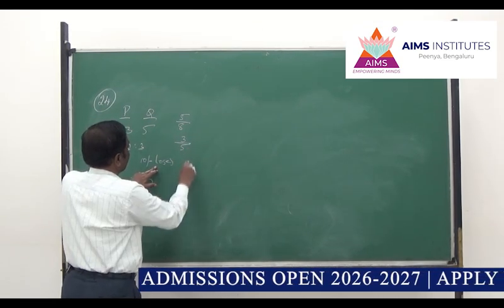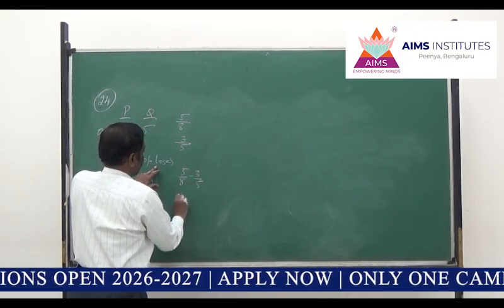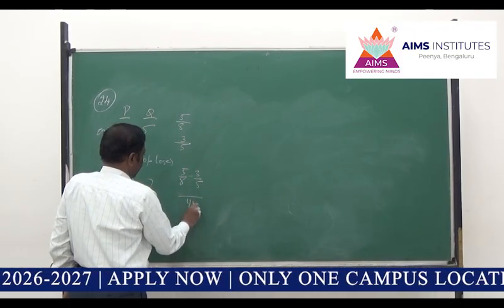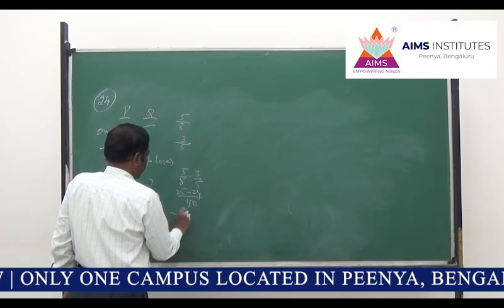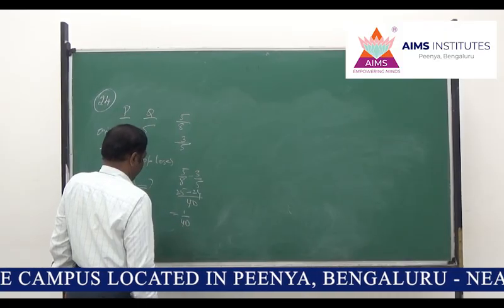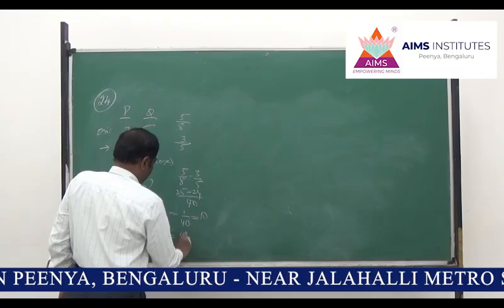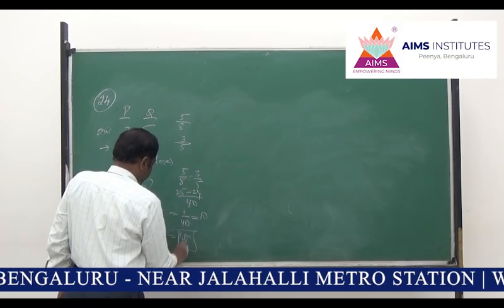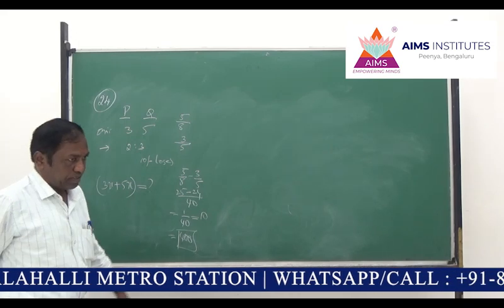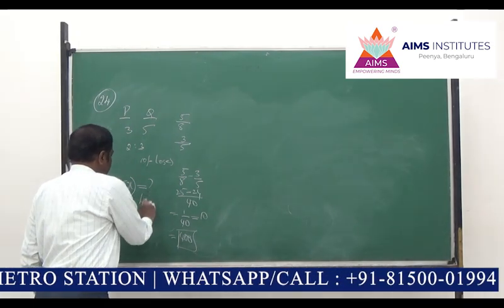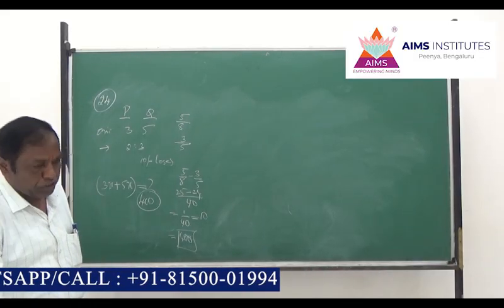So you have 5/8 minus 3/5. Taking LCM 40, 25 minus 24, then it becomes 1/40. 1/40 is equal to 10 rupees. Cross multiply. Total amount is 400 rupees. Option D.